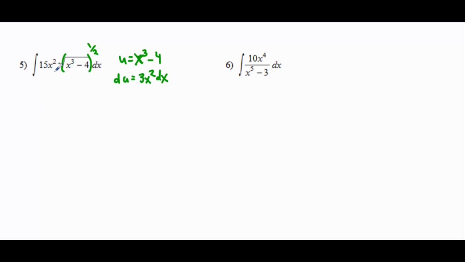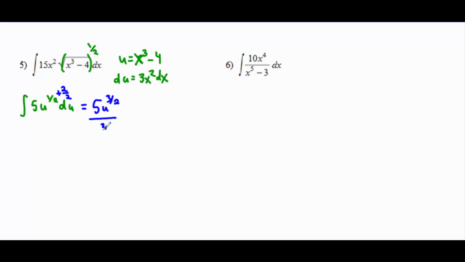And so we compare 15x squared and 3x squared. We divide them. Make sure you are always doing what we originally had in the problem divided by what you got. And we get 5u to the 1/2. We're going to add a power, so we're going to add 2 over 2, which gives us 3/2.